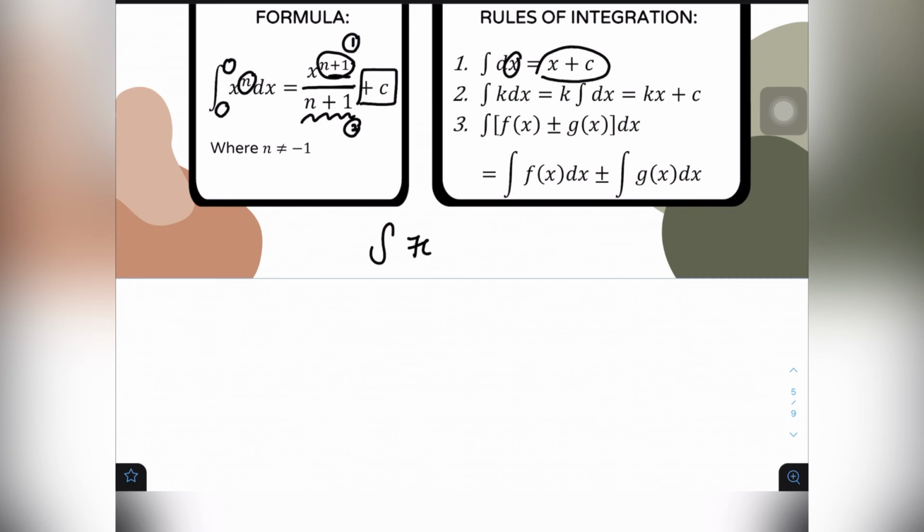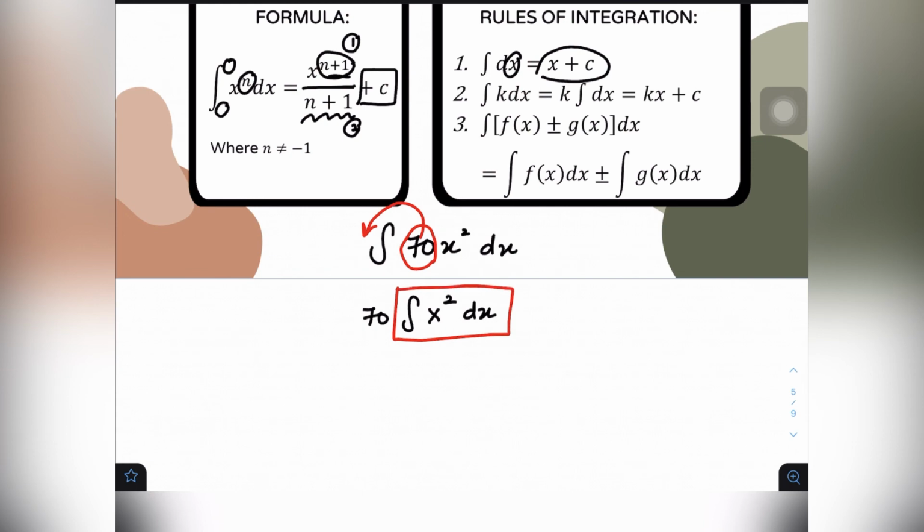For example, if you have to integrate 70x to the power of 2 with respect to x, what you can do here is bring 70 outside of this integration. So it becomes 70 integrate x squared with respect to x. You only need to get the answer for this part, and you leave the 70 outside.